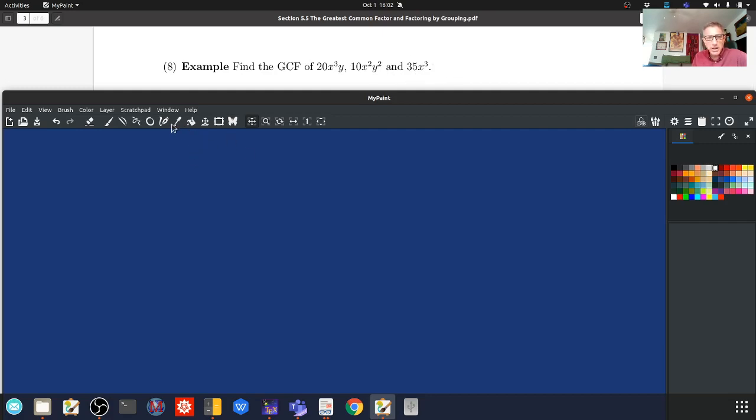So really all I have to do is find the GCF of 20, 10, and 35, and multiply it by the GCF of the one variable that appears in all three terms, and that's x.